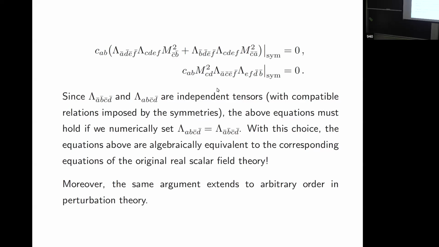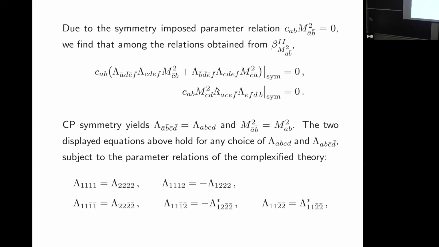When I say symmetry, I mean I impose these conditions, namely this, but the equivalent conditions hold in the non-complexified theory as well. So algebraically, the equations just match up exactly.